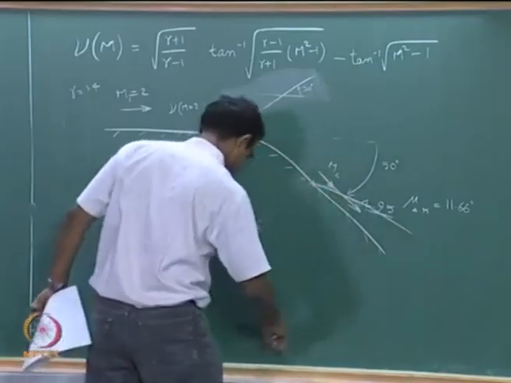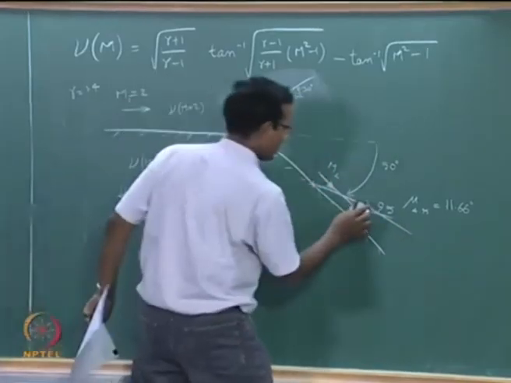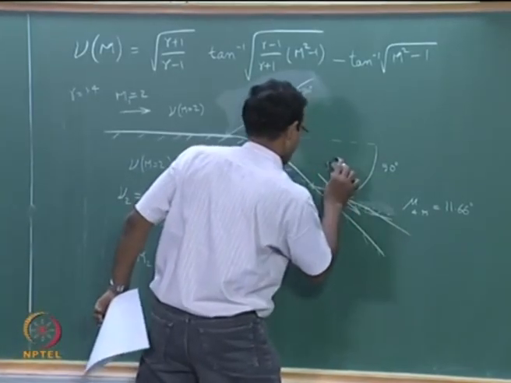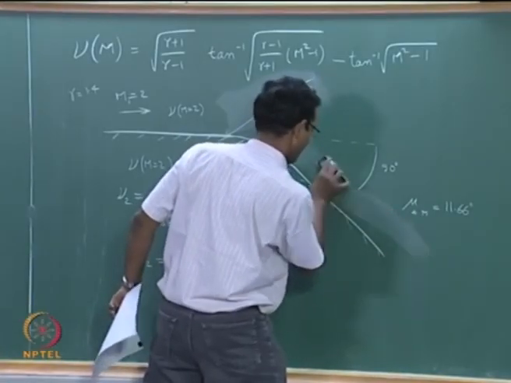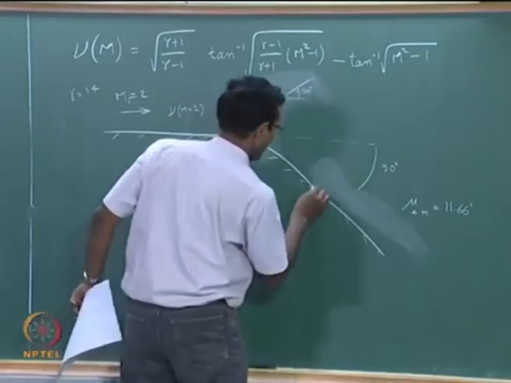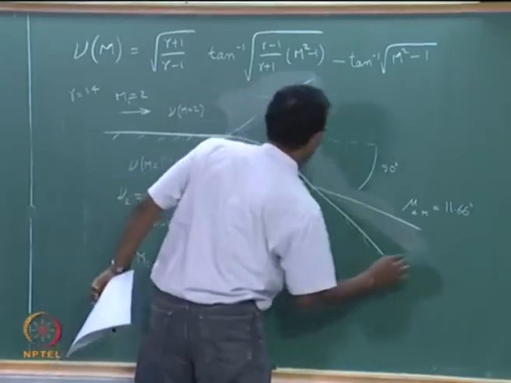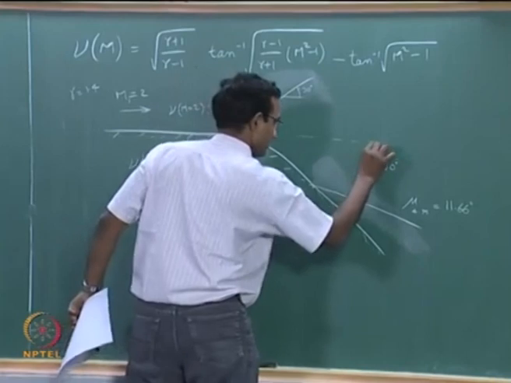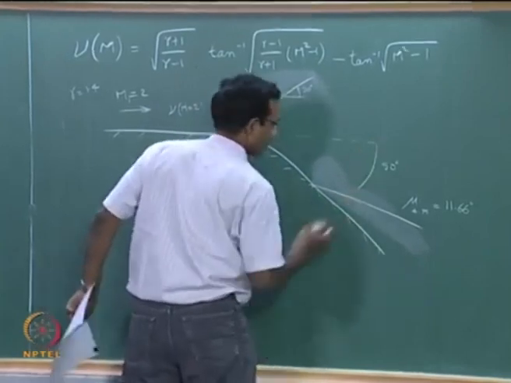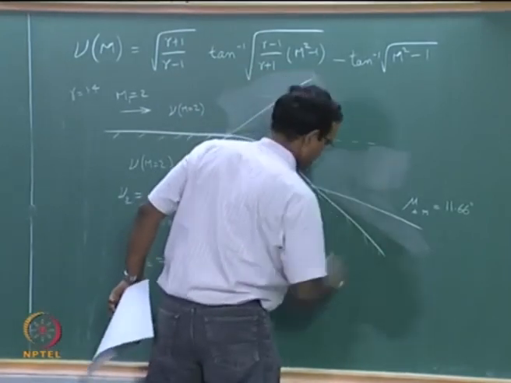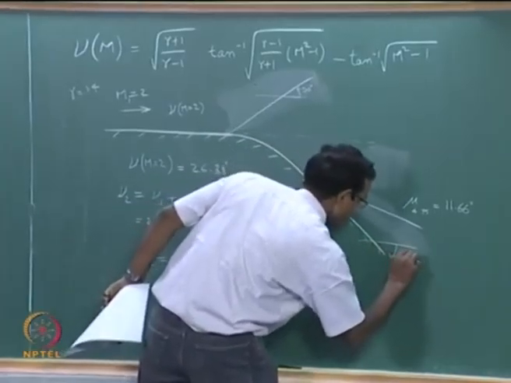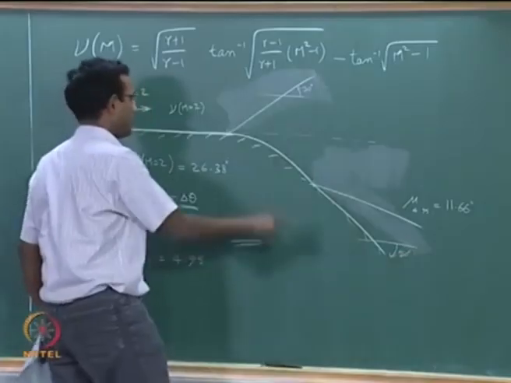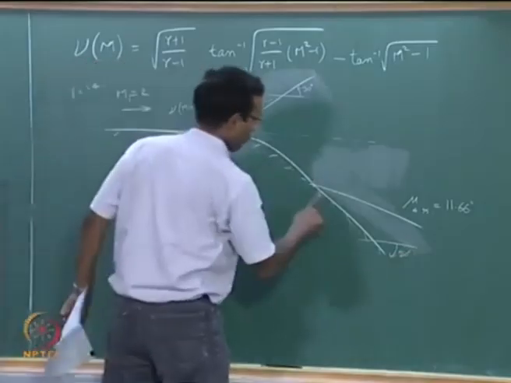Now I will erase whatever is unnecessary so that it is not confusing. Draw this again. And this, actually I will remove this also now. You know it is 50 degrees, if you want we will mark it here. This is 50 degrees with respect to the horizontal line, that is this wall angle.